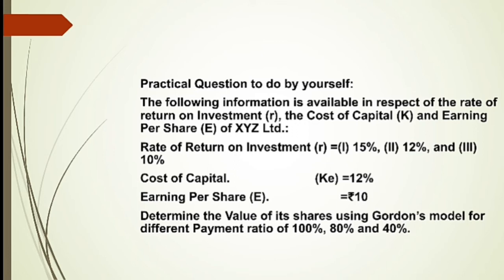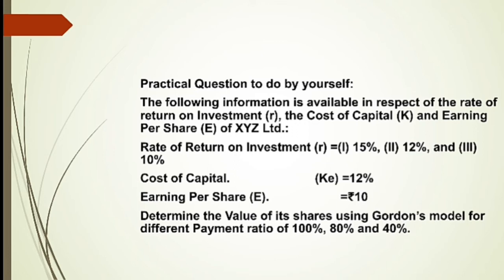In the third condition, R is 10% and K is 12%, so it is a declining firm, where R is less than the cost of capital.